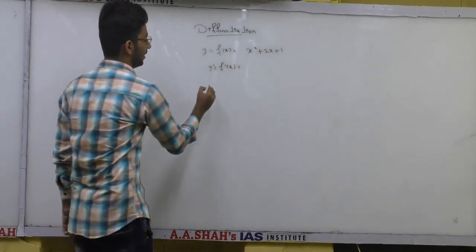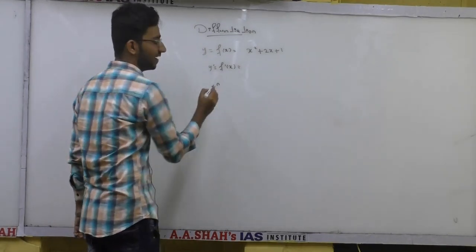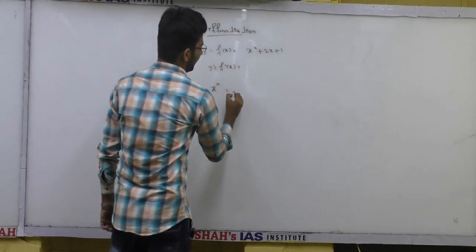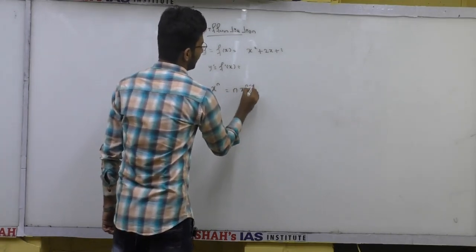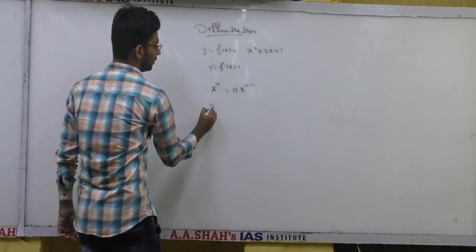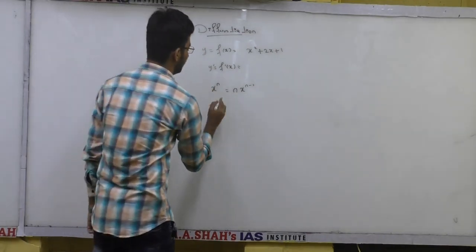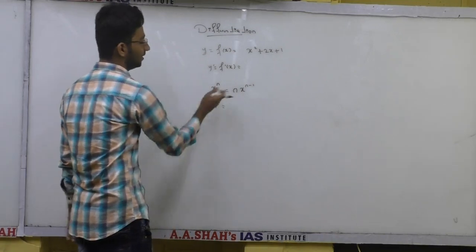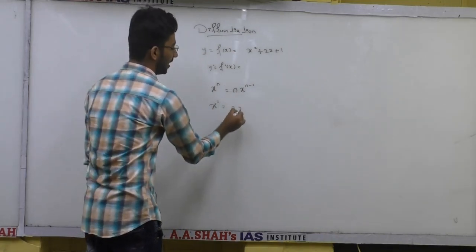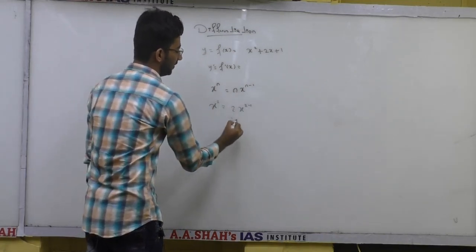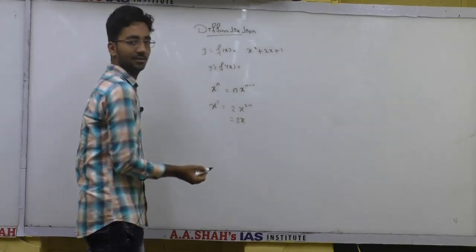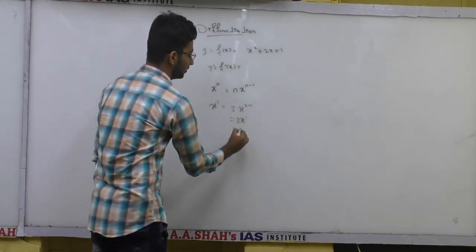We have learned that if the function is of the type x to the power n, the derivative will be n x to the power n minus 1. Now comparing this x square with x to the power n, n will be 2. So we get 2 x to the power 2 minus 1, which is 2x to the power 1, which is 2x.